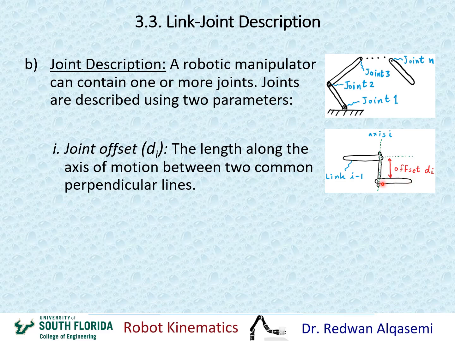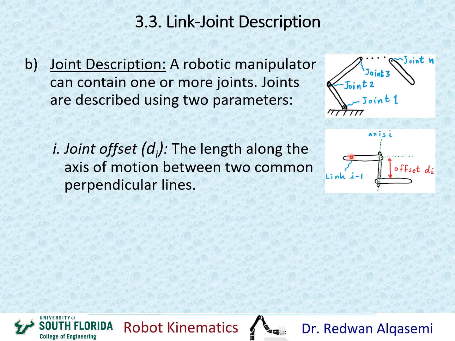So if we look at this common perpendicular first and the other common perpendicular, the distance between these two common perpendiculars is called the offset for this particular joint. Okay? So for joint I, axis I, the joint offset, or D, would be the distance between this common perpendicular and this common perpendicular that would be describing the links.